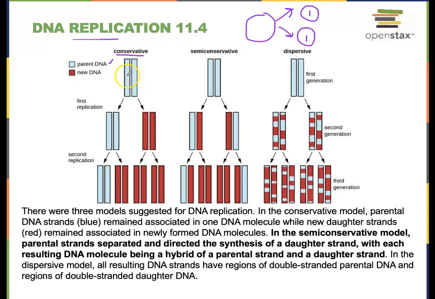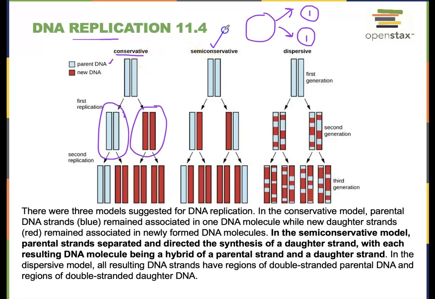And then if you were to copy this, the one idea is that both of the parent strands are kept together, and then these newly made strands are on the other side. And so these two molecules of DNA, one is all conserved. So conserved, meaning that we use the same two parent strands, and the other one is completely new, put together with nucleotides. It turns out that that's not the way that DNA is made.